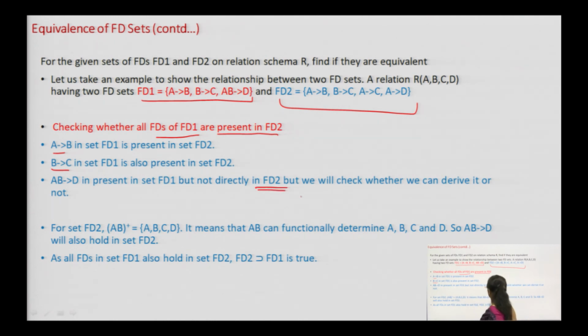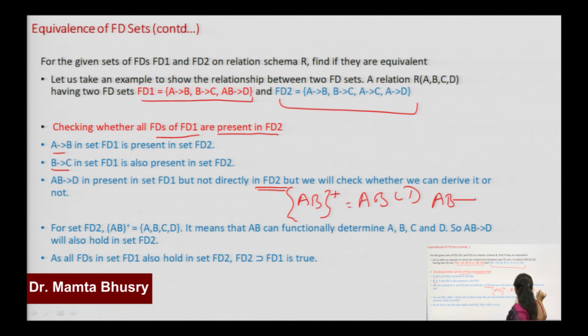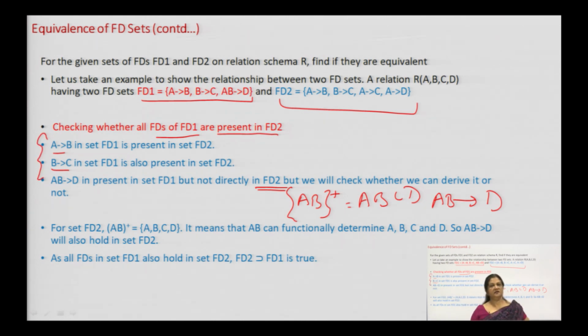So, we will find the closure of AB. The closure of AB is going to be A, B, C, D, and it means that AB can functionally determine A, B, C and D. So, from here AB to D is true.